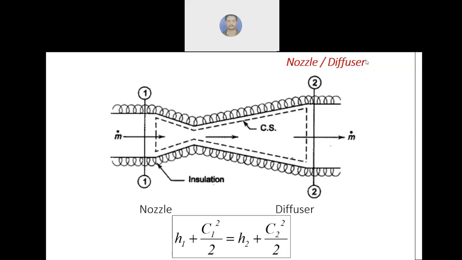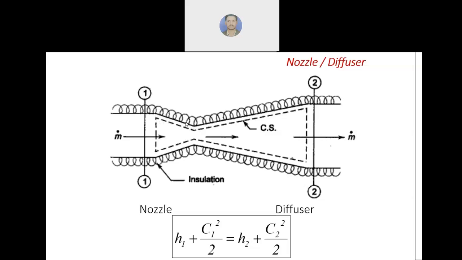So diverging means diffuser. Now I told you about mass balance and energy balance. Mass balance is also known as the continuity equation. Now, what will happen? The product of area and velocity is constant. So if area is decreasing, velocity will increase.